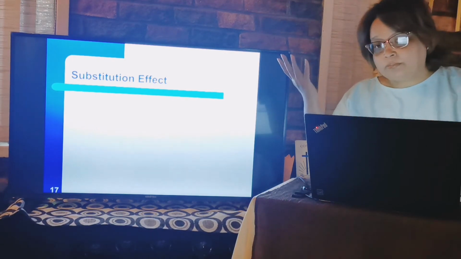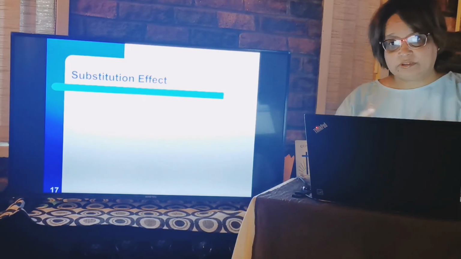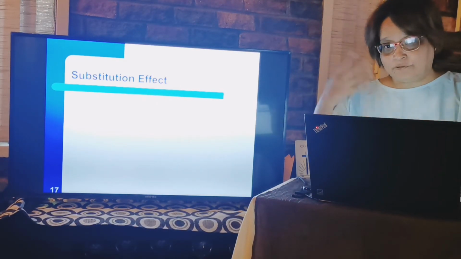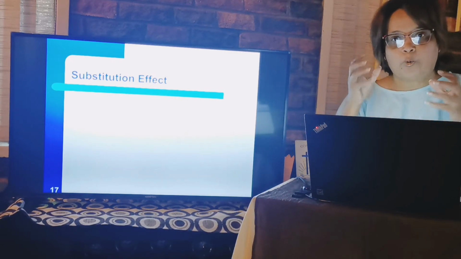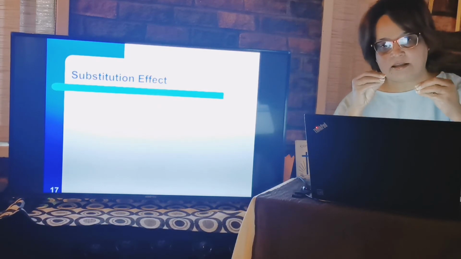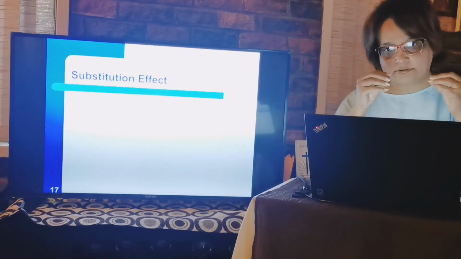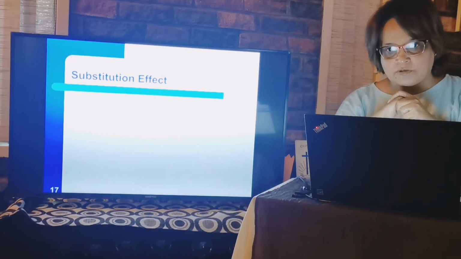Now, some young ladies usually differ from me, but for me, it's not Rama. It's butter and fat spread or medium spread and that kind of thing. But when two products are substituting each other, if the price increases in the one, you will have an increase in the other. And that's the substitution effect.